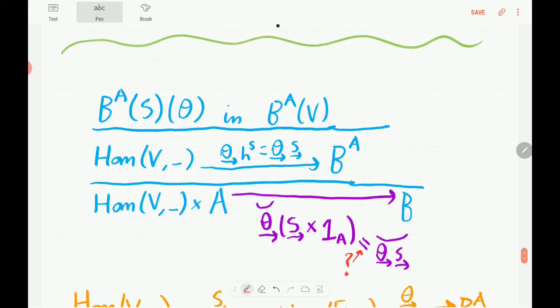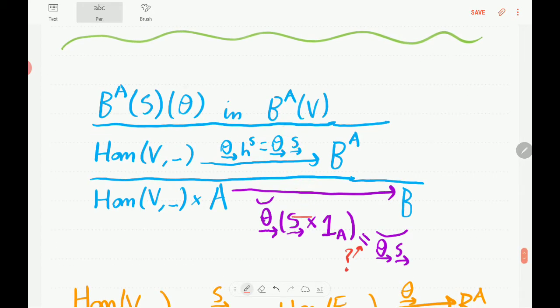But then we want to see what it corresponds to in terms of an arrow from hom(V, blank) times a to b, because that's really the level that we can get our hands on. So basically, to get from this line to the bottom line, we want to do the anti-transpose of this arrow from hom(V, blank) to b to the power of a.